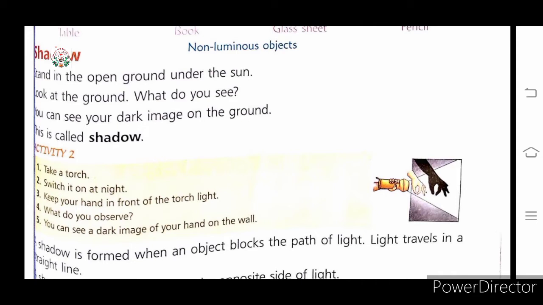What is shadow? Stand in the open ground under the sun. Look at the ground. What do you see? You can see your dark image on the ground. This is called shadow.